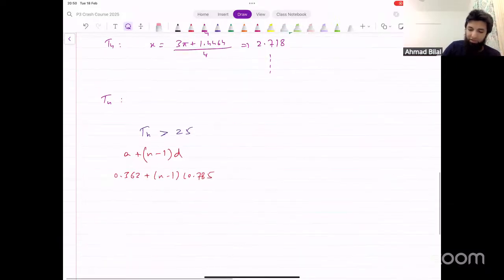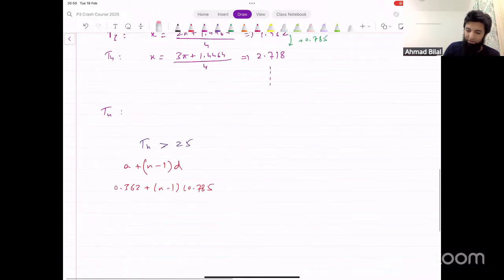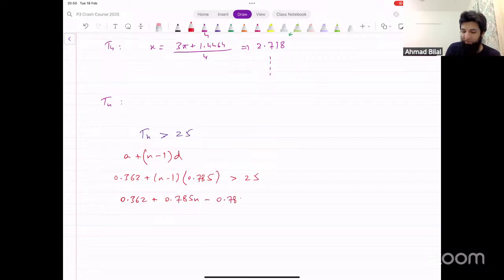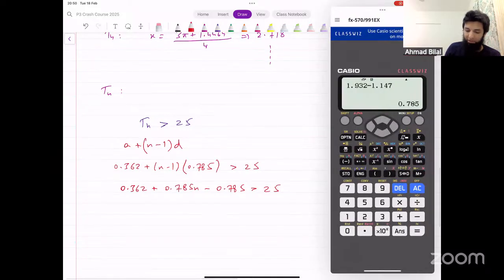This has to be greater than 25. You solve this and find the value of n from this: 0.362 plus 0.785n minus 0.785 is greater than 25. And that gives me 0.785n is greater than 25 plus 0.785 minus 0.362.